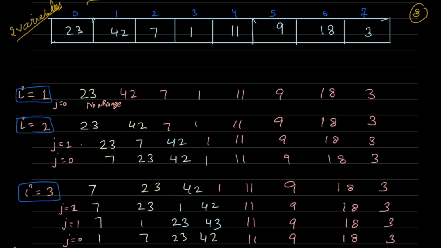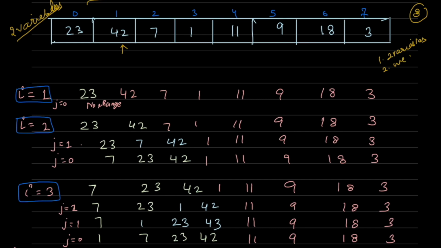So we do not start from the first one, we start from the second one. So this is just the logic building that I am telling before implementing insertion sort.